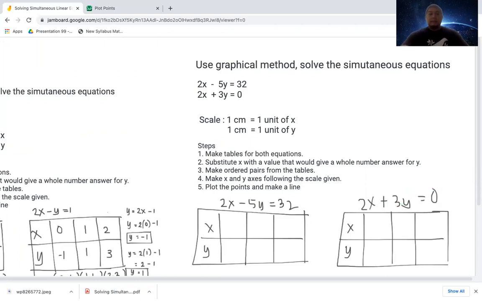Okay, so let's go for the first equation. Now, as you can see, in this particular part, we have to think of what value we are going to substitute so that the final answer could give us an exact number.